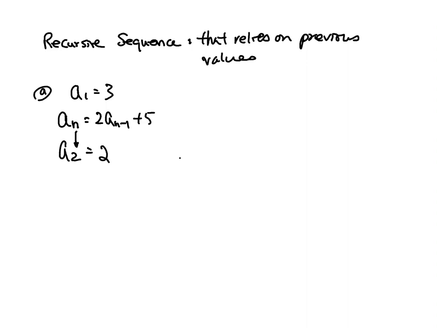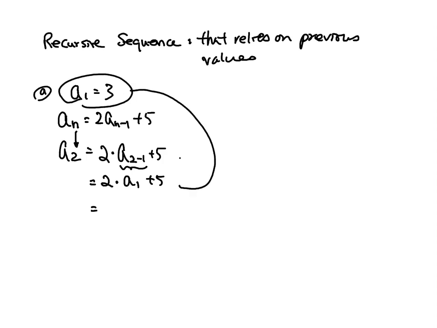So this is 2 times a sub 2 minus 1 plus 5, which is 2 times this right here, now a sub 1, plus 5. And what do we know about a sub 1? It's 3. So a sub 2 is 2 times 3 plus 5, which is 6 plus 5, and that is 11. So a sub 2 is 11.